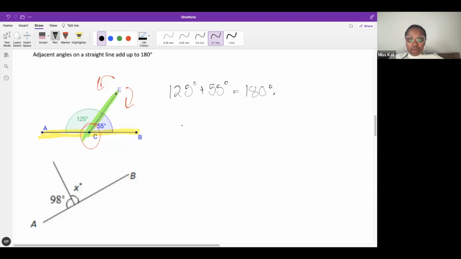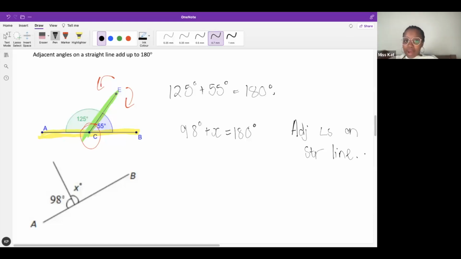So that will be 98 degrees plus X will be equal to 180. Now, the reason for this one, abbreviated, will be ADJ, which stands for adjacent angles on a straight line.